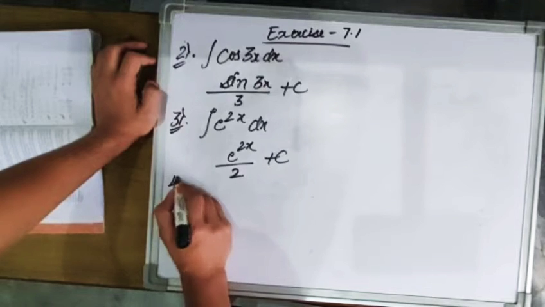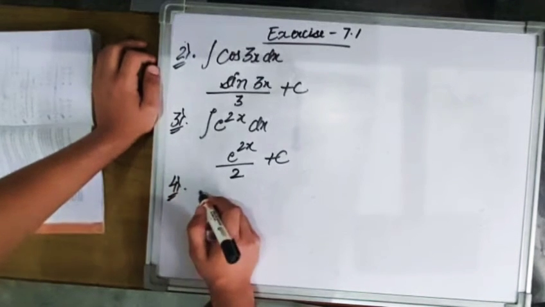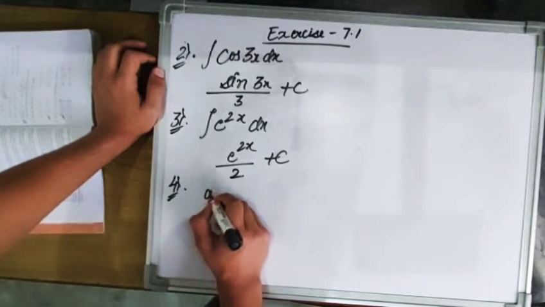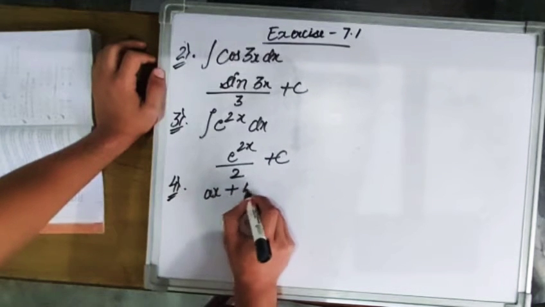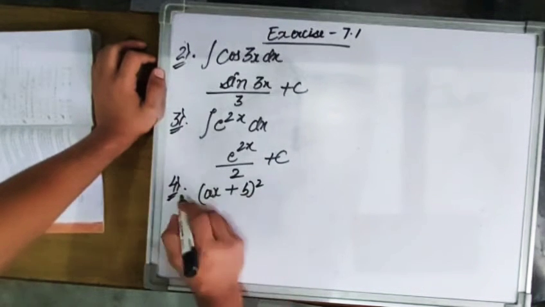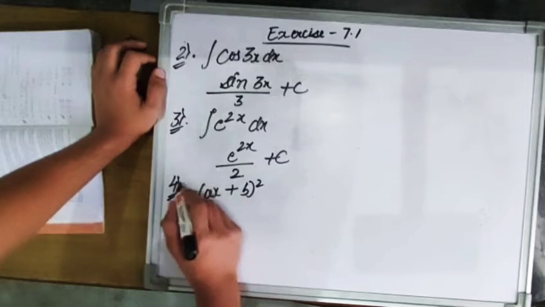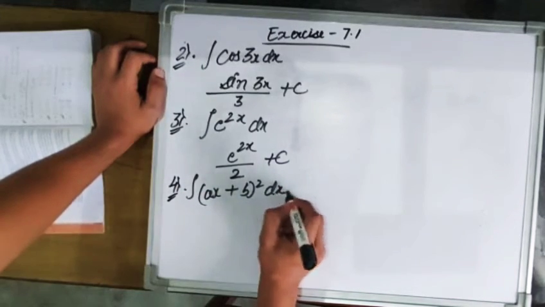And the fourth question from exercise 7.1 is very important from the board point of view as well as from the competitive point of view. It is the integral of (ax plus b) whole square dx.